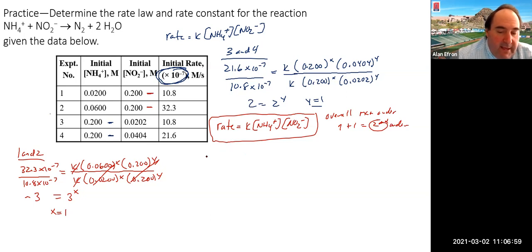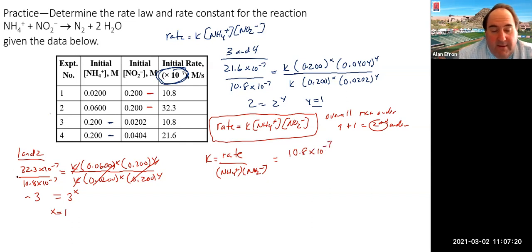To solve for K in this case, we will rearrange and come up with our NH4 plus and our NO2 minus. Again, we could put any entry we want in there. This is where you will get the wrong answer if you've ignored the 10 to the -7. Over here, you'll be okay because these will cancel, but if you ignore it here, you obviously will get the wrong answer.